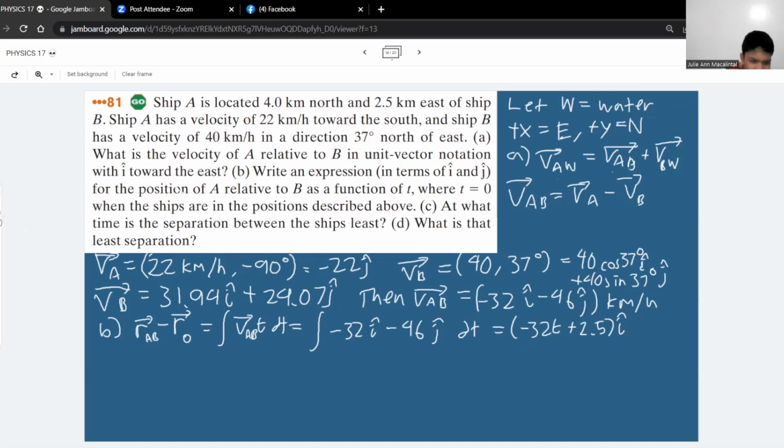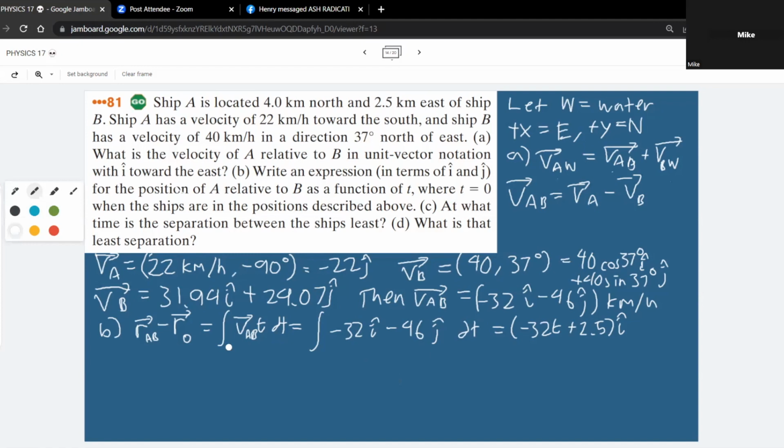Yung pinili mong isulat ay R sub AB minus R sub 0 is equal to yung integral, tapos you're integrating from 0 to T. Ngayon, yung last line ganito, tapos walang V sub AB times dt lang yan.